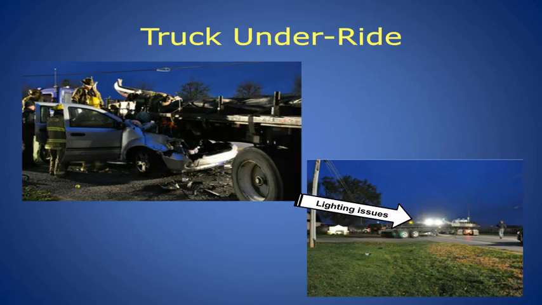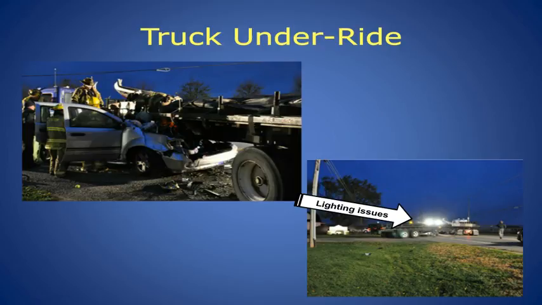One of the other issues we look at is a lighting issue. This was a case that I worked that involved a commercial vehicle backing across a roadway late at night. I believe it was a 55 mile per hour zone. The trailer had an object on the back. It was a flatbed, and he had a cover over the object.